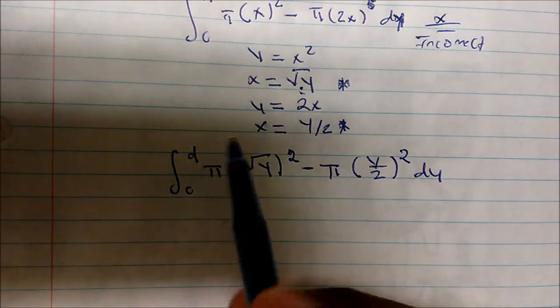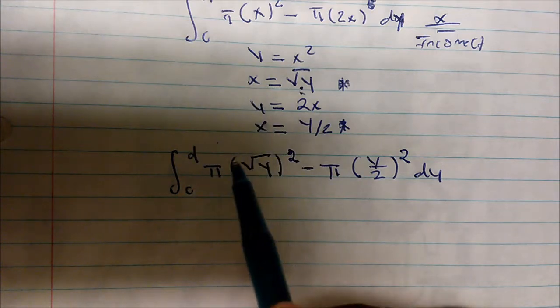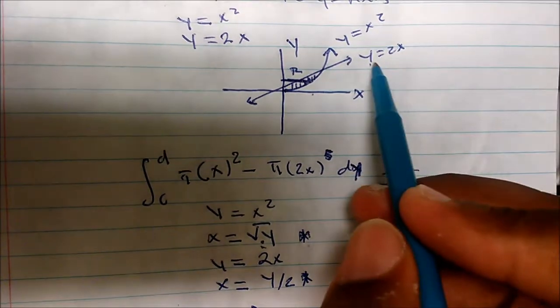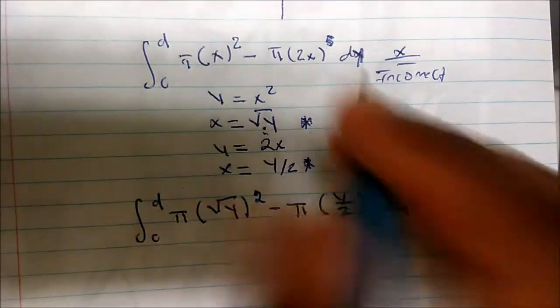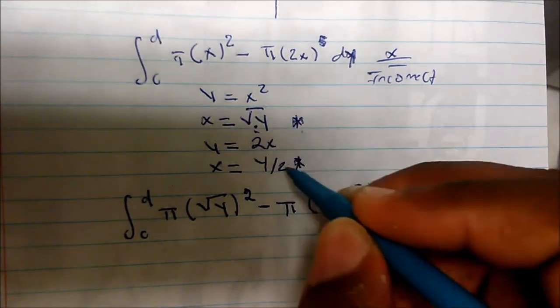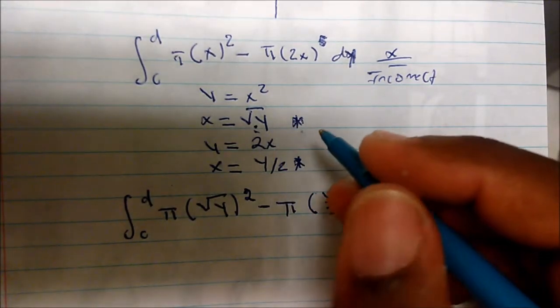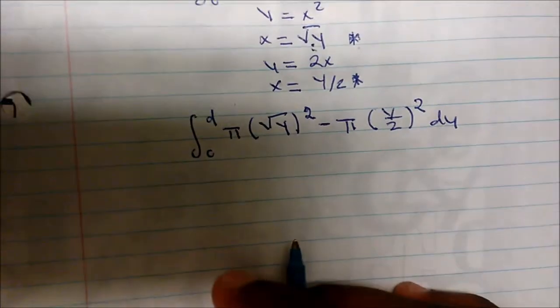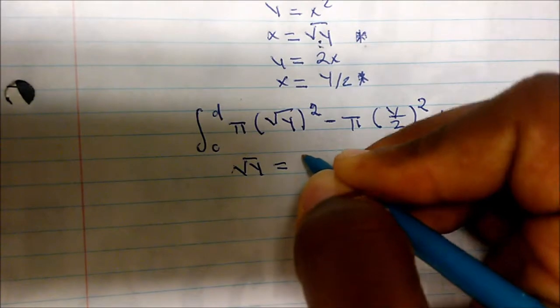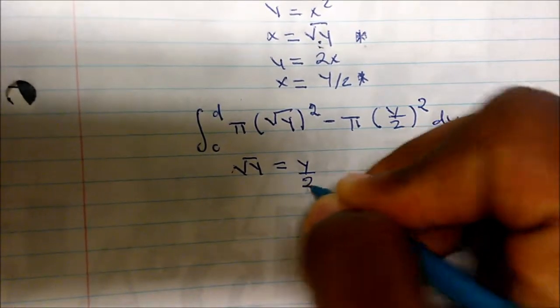In order to find my limits of integration, I have to use my functions of y that I got here and set them equal to each other. If I set those equal to each other, then I have the square root of y is equal to y over 2.